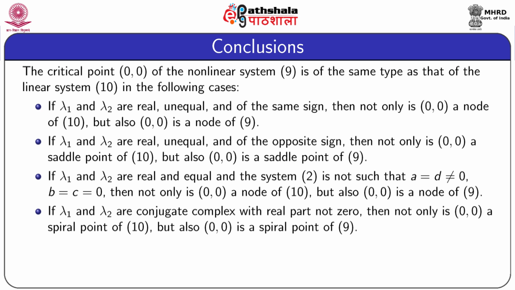Summing up, you have to memorize that if lambda 1 and lambda 2 are real, unequal and of the same sign, then it is a node for both cases. If they are real, unequal and of opposite sign, then it is a saddle point for both cases. And if they are complex conjugates with non-zero real part, then it is a spiral point for both cases.